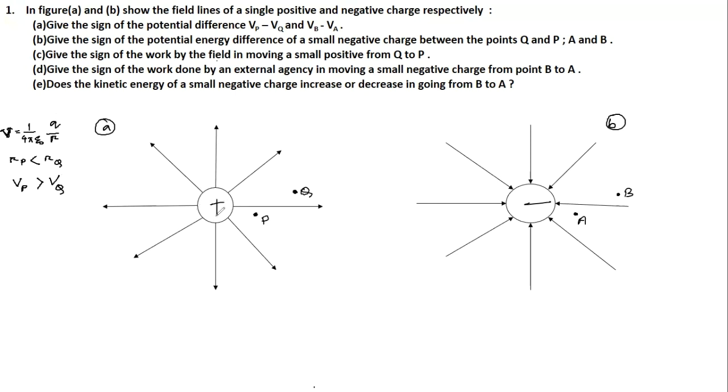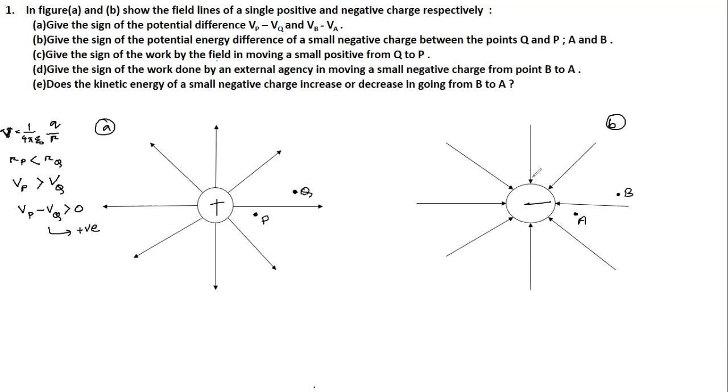Here, since the charge is positive, we will use the distance factor to compare the potentials of points P and Q. Since Vp is greater than Vq, definitely Vp minus Vq will be greater than 0. Okay, hence it is positive.